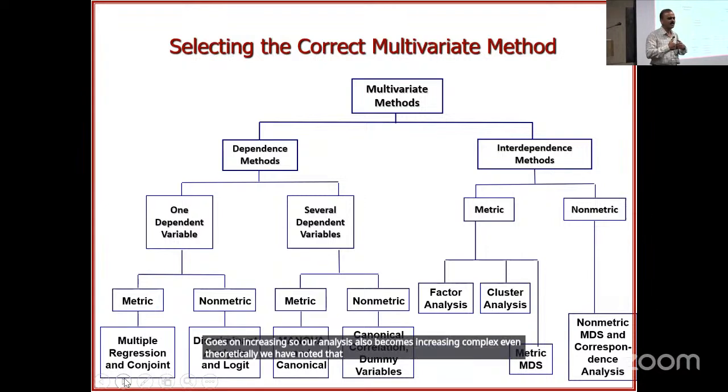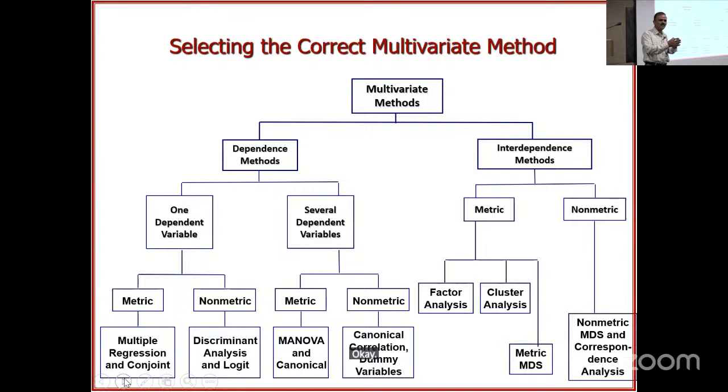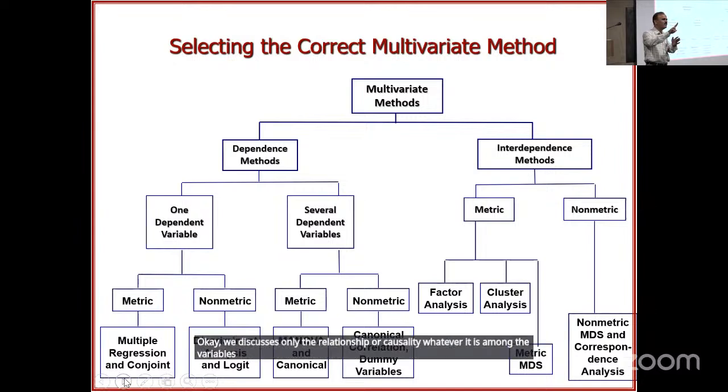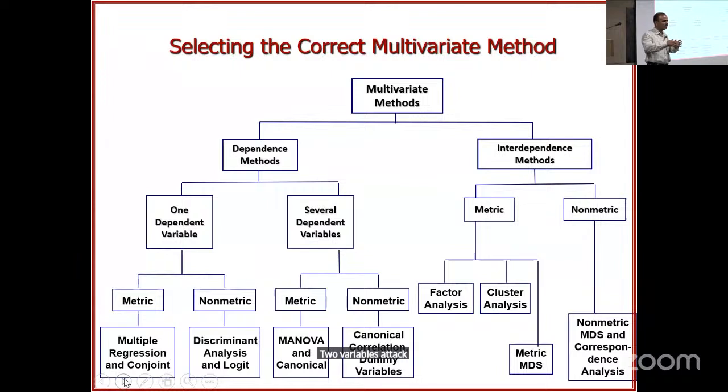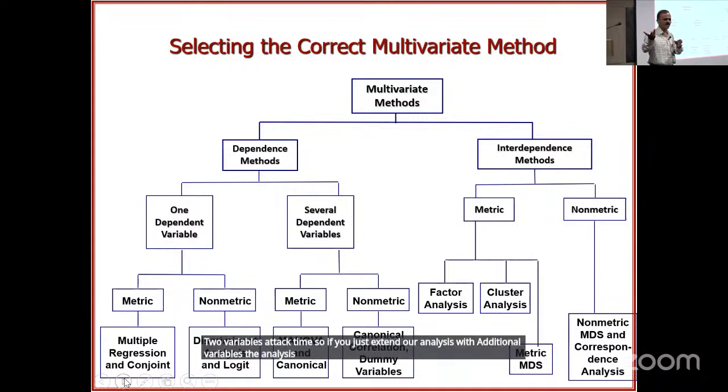And I hope in all our theories related to my own domain of knowledge, that is economics, we discuss only the relationship or causality, whatever it is, among the variables by taking two variables at a time. Two variables at a time. So if you extend our analysis with additional variables, the analysis becomes complex.